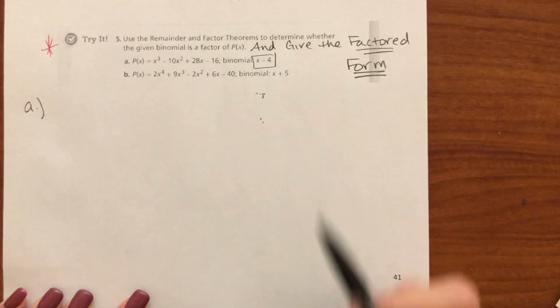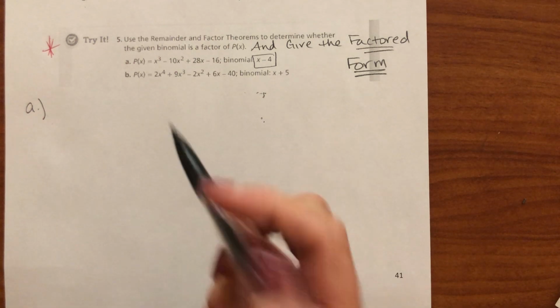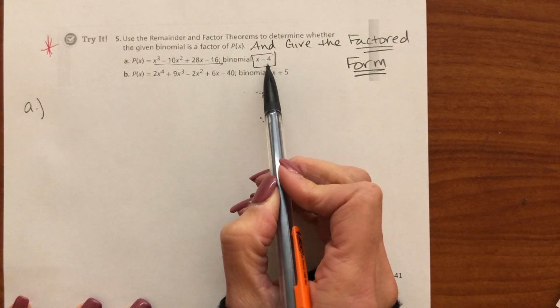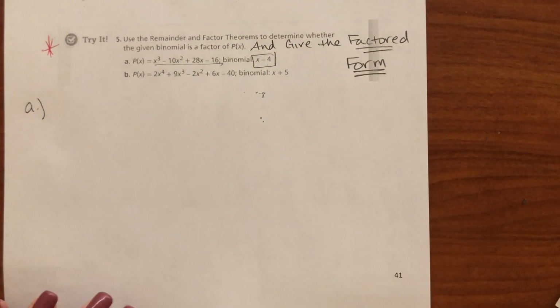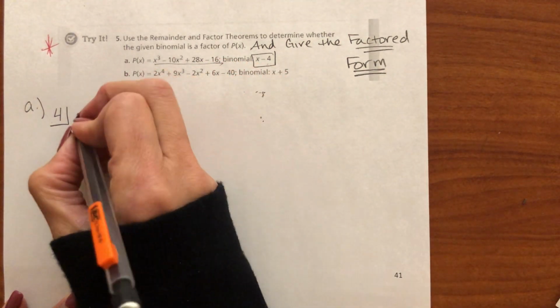So x minus 4 is what we're testing. Is x minus 4 a factor of this polynomial here? So you have to solve for x. So x would be +4. And then fill in your numbers here for synthetic division.